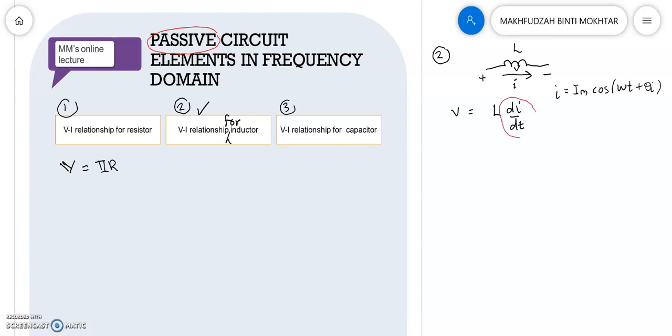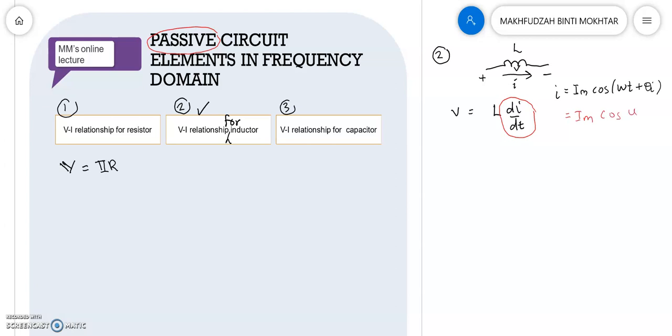This actually needs an understanding of differentiation, so I will revise the differentiation part here. Let's say I will consider that cos omega t plus theta I is given by Im cos u.